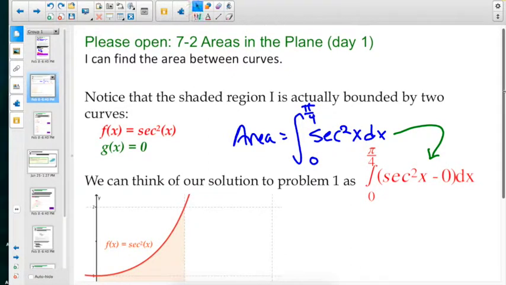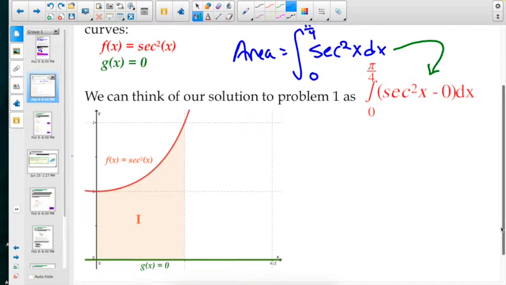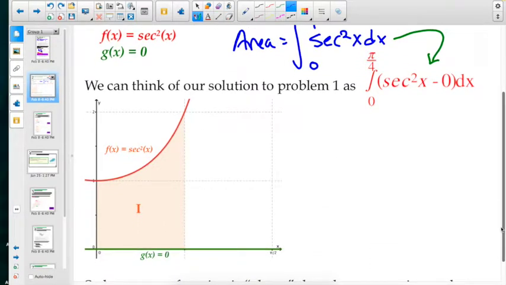If we have tan x and we take the derivative, we end up with secant squared x. If we take the antiderivative, then we start with secant squared, we end up with tangent. So a really common one. So we know when we take the antiderivative here, we get tangent.